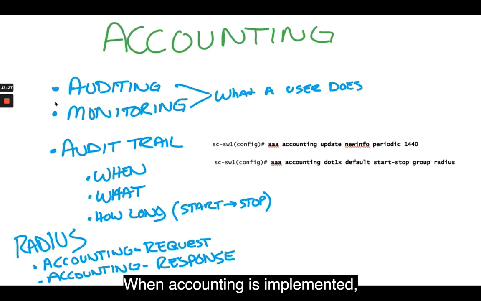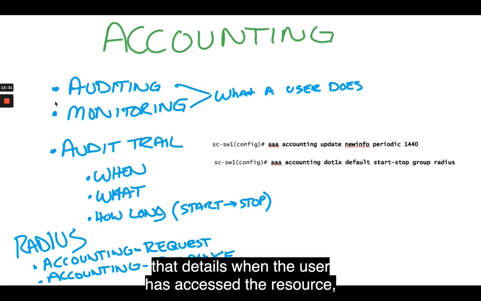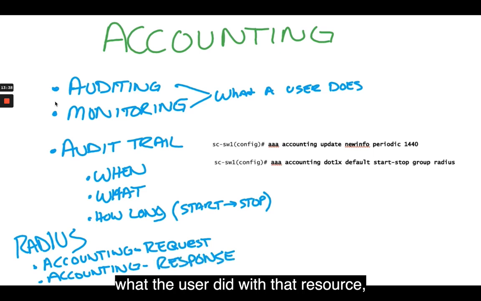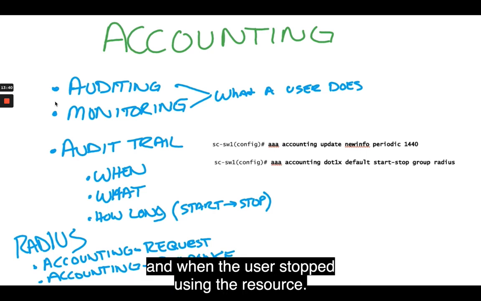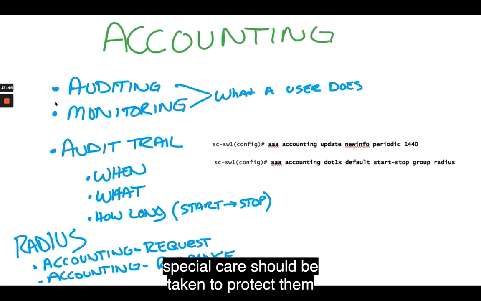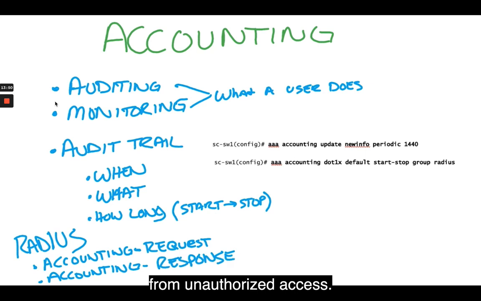When accounting is implemented, an audit trail log is created and stored that details when the user has accessed the resource, what the user did with that resource, and when the user stopped using the resource. Given the potential sensitive information included in the auditing logs, special care should be taken to protect them from unauthorized access.